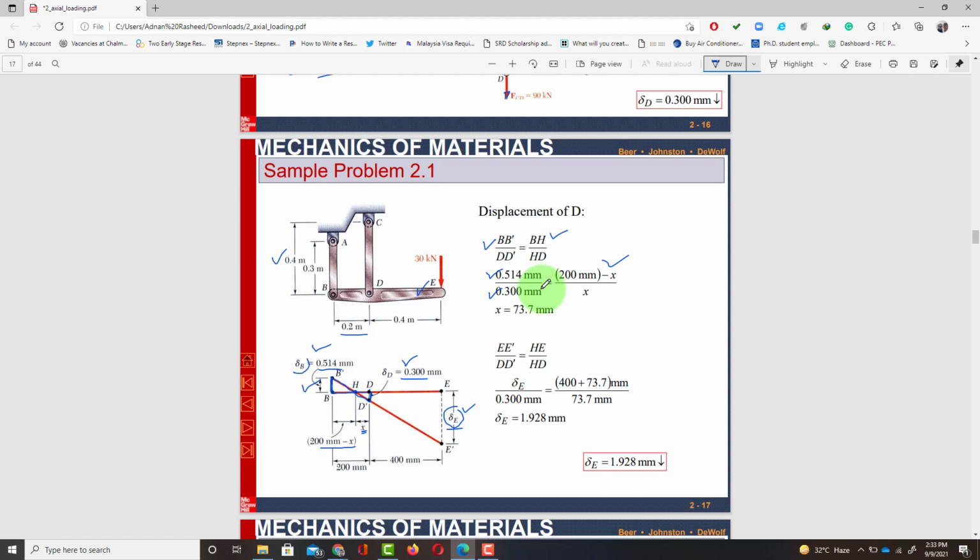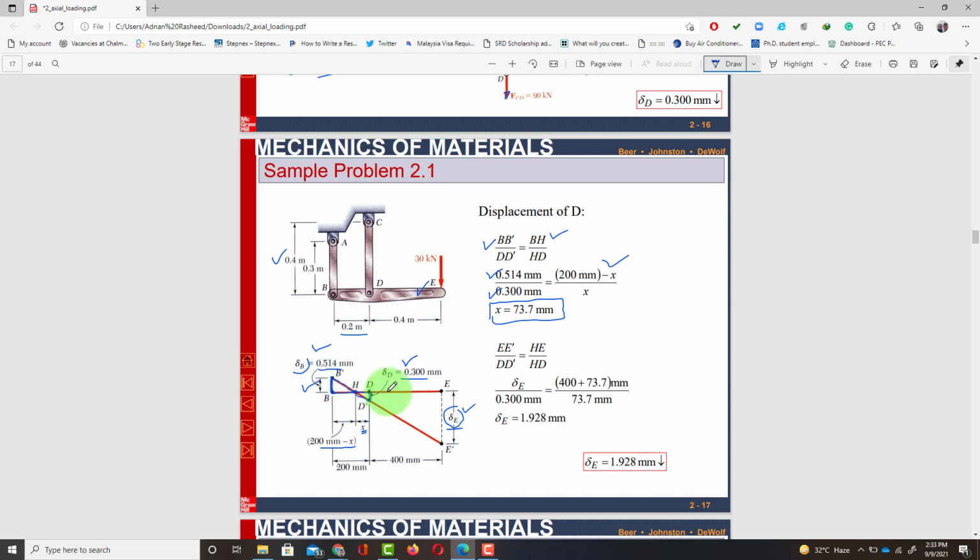So you have this equation. If you solve it, you multiply this X over here and then further solve it, and you will get X equal to 73.3 millimeter. It means that from point D, when we move 73.3 millimeter, we will get a point where deflection will be 0.